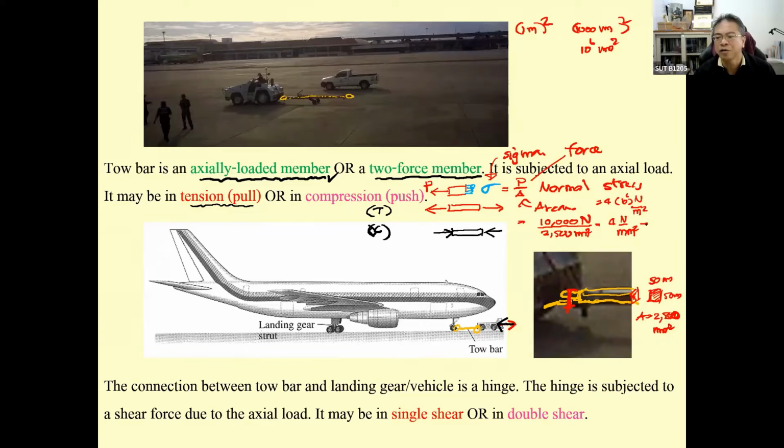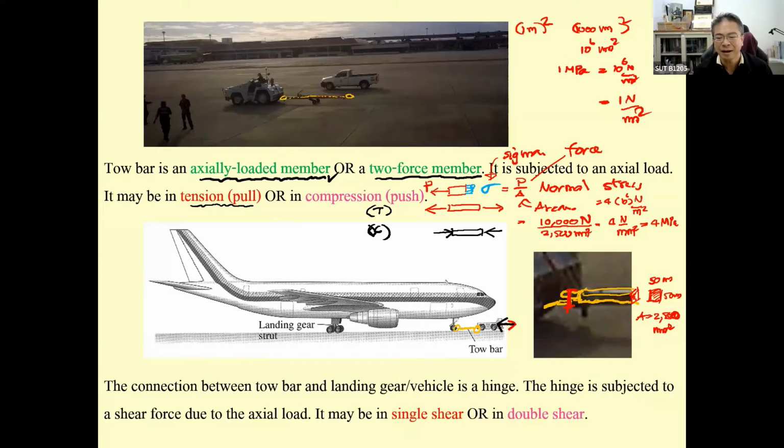We call this 4 megapascal. So in short, 1 megapascal is 10 power 6 Newton per square meter. I will give you the first start like this.